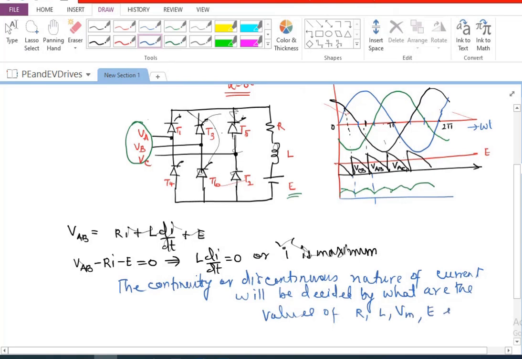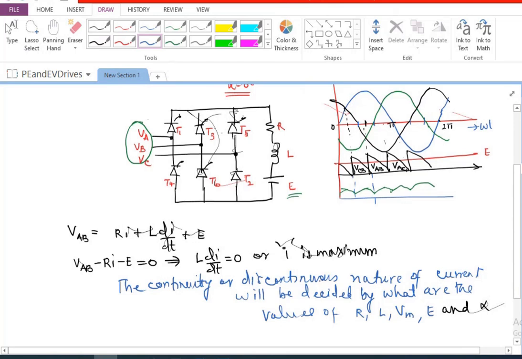Okay? So all these things are going to decide, alpha also, of course, the firing angle alpha. So all of them together are going to decide what is going to be the nature of the current, whether it will be continuous or discontinuous.